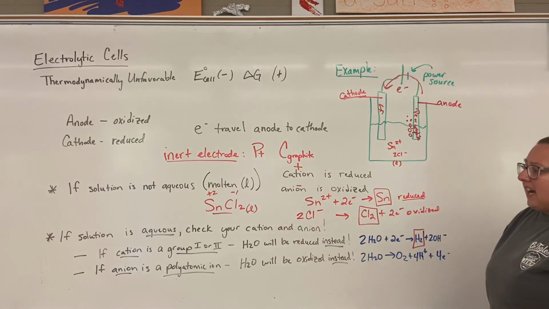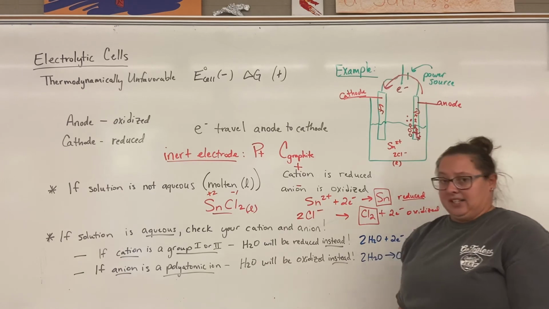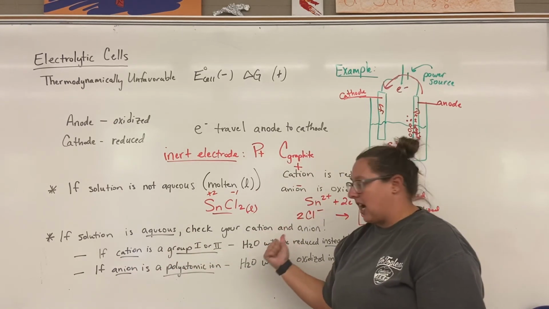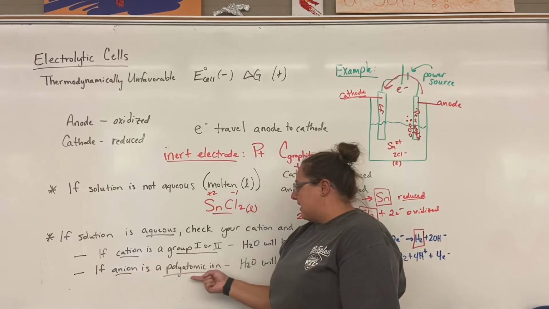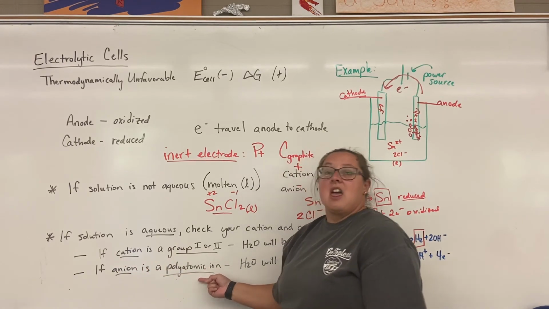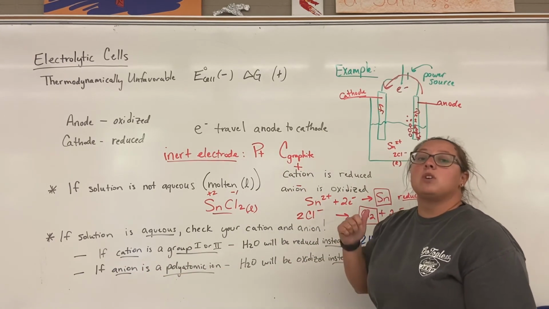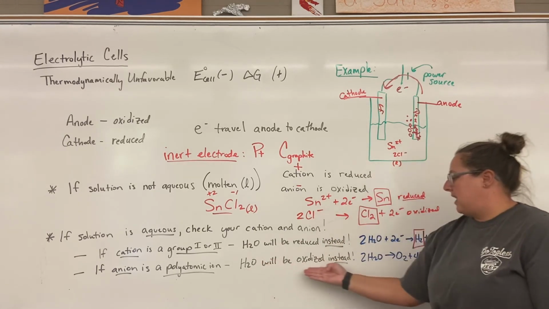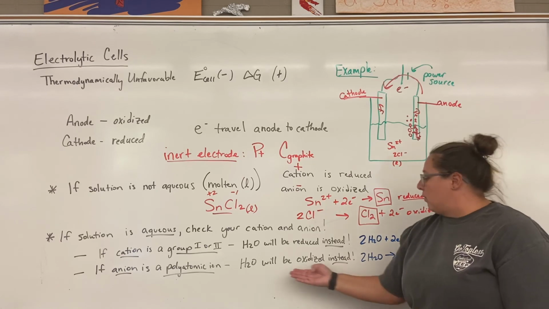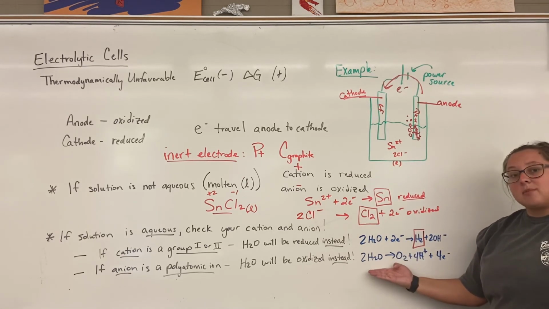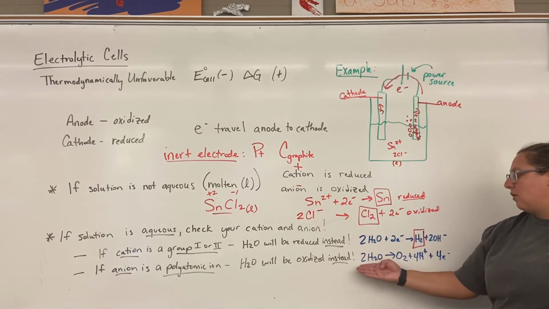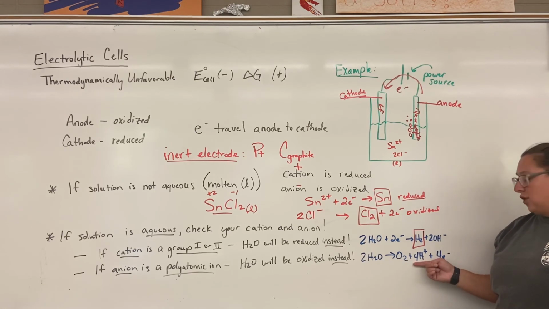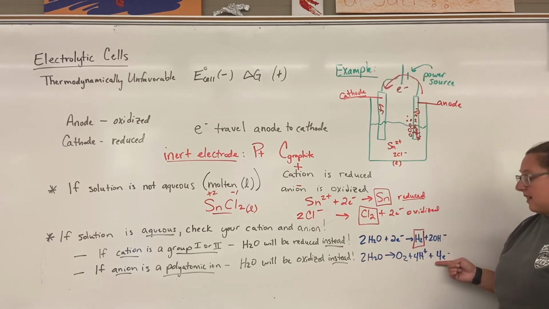If your anion is a polyatomic ion, okay, so we're looking at our anion now, we have to double check it. If the anion is a polyatomic ion, that polyatomic ion will not oxidize. Instead, water will be oxidized. Now, when water is oxidized, it forms this half reaction: 2H2O yields O2 plus 4H+ plus 4 electrons.